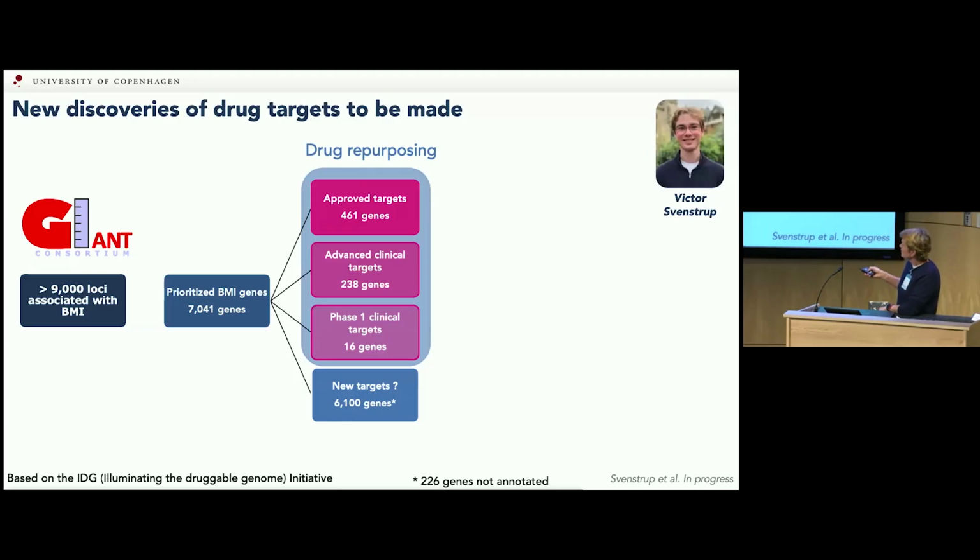So the question is how many of these drugs that are approved or in the process of approval could be used for repurposing in the context of weight loss? And among the new genes that are currently not a target for current drugs, how many could be new targets?